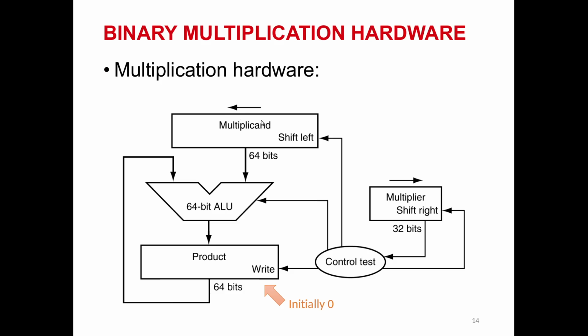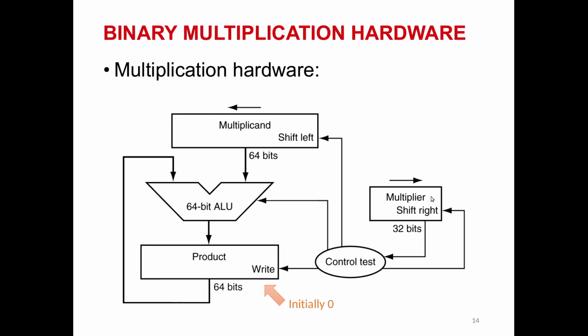So multiplicand shift left for 1 bit, multiplier shift right for 1 bit, and then we check the value of the last bit 0 in multiplier to make sure if we need to add this multiplicand together with the product or not. If bit 0 of multiplier is 1, we will add the product together with the multiplicand and then shift multiplicand left again, and at the same time we shift the multiplier 1 bit to the right.